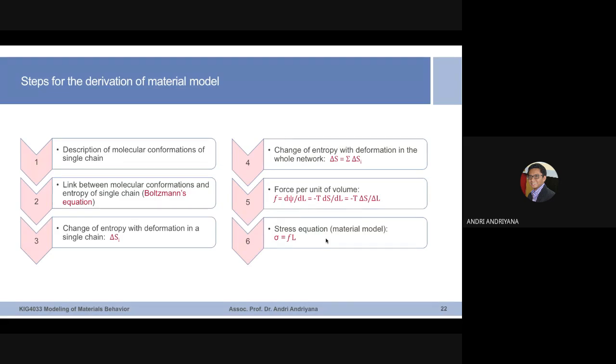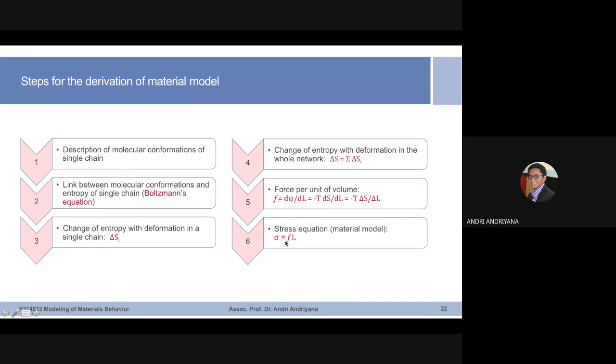This is the step by which we can derive the materials model, the mathematical equations to describe the stress-strain response. I classified it into 6 steps. Some of the steps I will discuss in detail, some I will not, to make things easy. So this is step 1, step 2, until step 6. Let me go backward by starting from step 6.